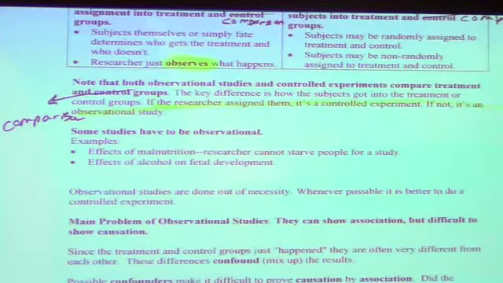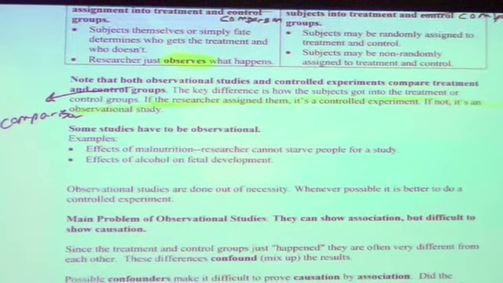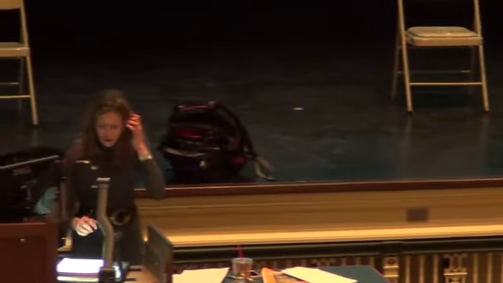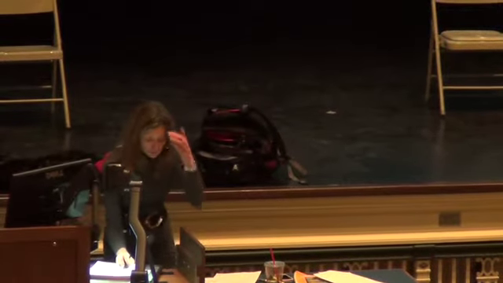And then, of course, some studies have to be observational. Anything that's harmful, because a researcher is morally you just can't assign people to do things that you already know are harmful, like smoking, drinking, taking some drugs, and stuff like that. Starving them.